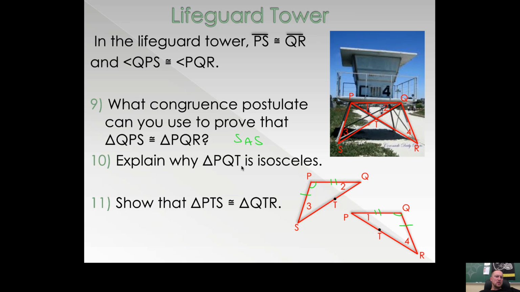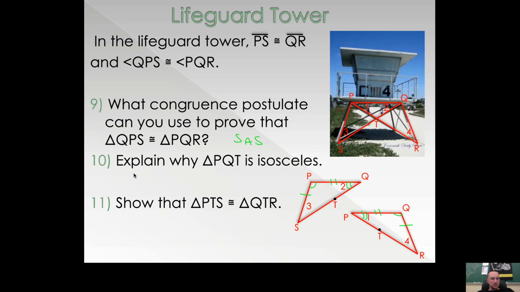Explain why triangle PQT is isosceles. Well, here's triangle PQT right here. It's actually a triangle formed by these two overlapping. Well, if these triangles are congruent, doesn't it also mean that angle 2 is congruent to angle 1?